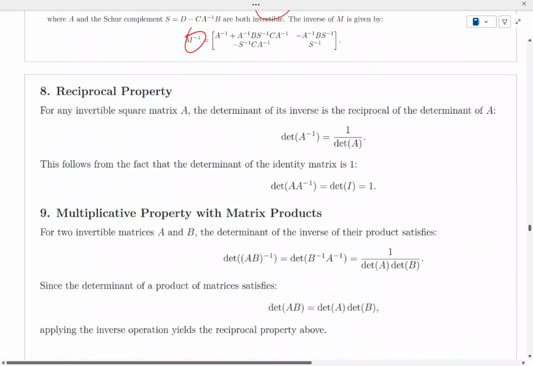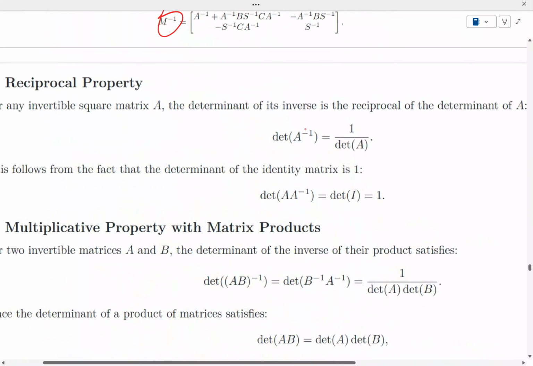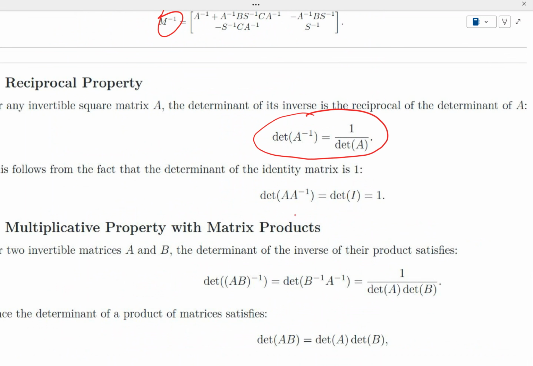The next property is the determinant of an inverse. Well, that's easy, you just take 1 over the determinant. This is a pretty easy property. And then this one is saying the determinant of an identity is always 1. The volume of a 1 by 1 by 1 box is 1.